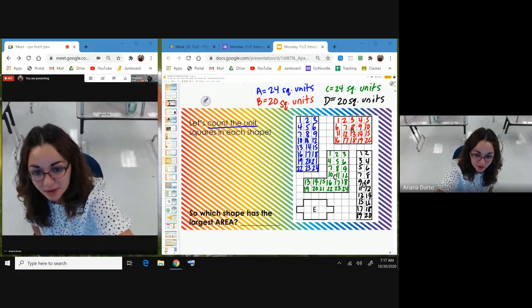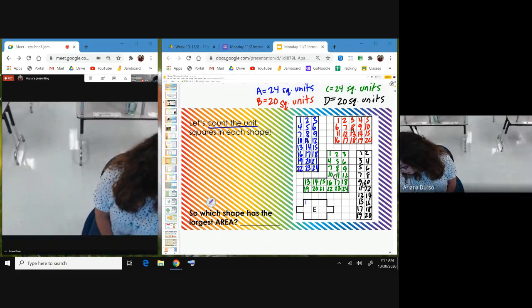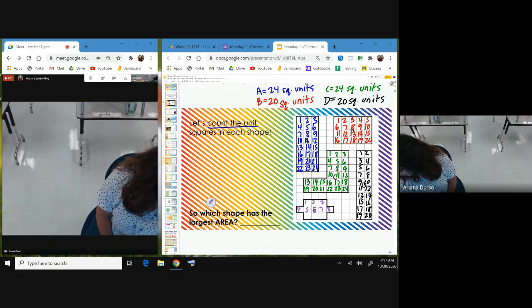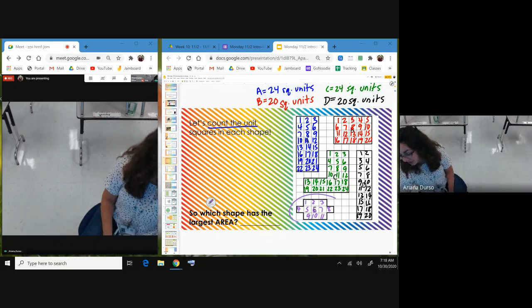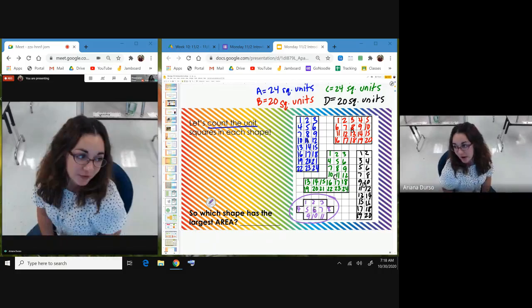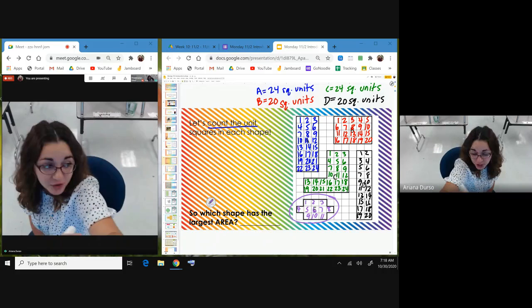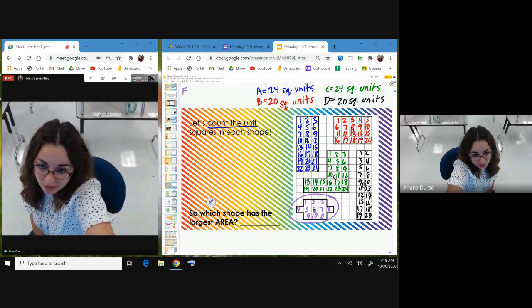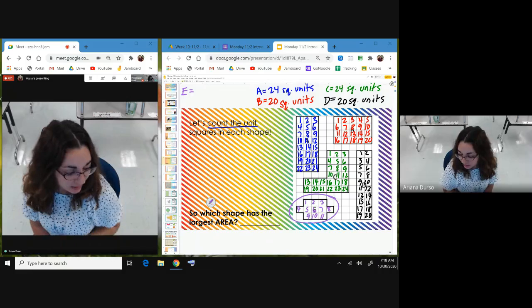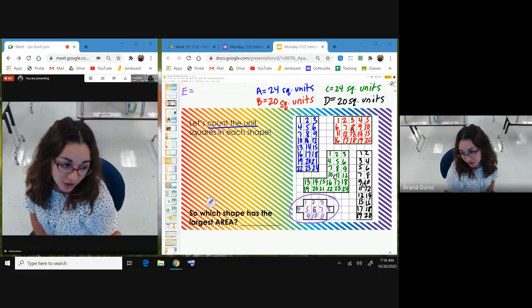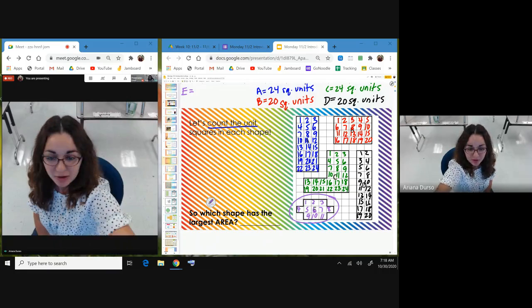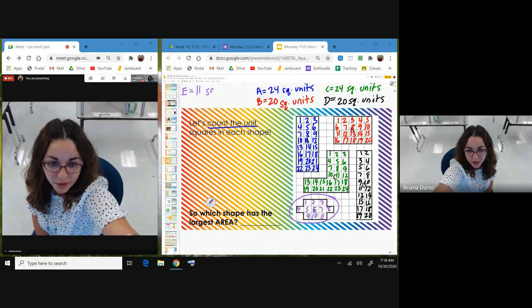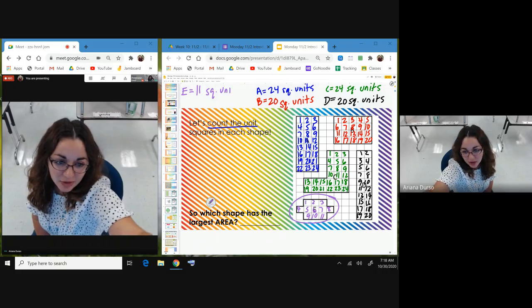How about purple? 1, 2, 3, ... 11. So you'll notice, like with this shape, it is possible to find the area of shapes that are not rectangles and squares, but it's a little trickier if there are not unit squares inside of the shape. So this was 11 square units.